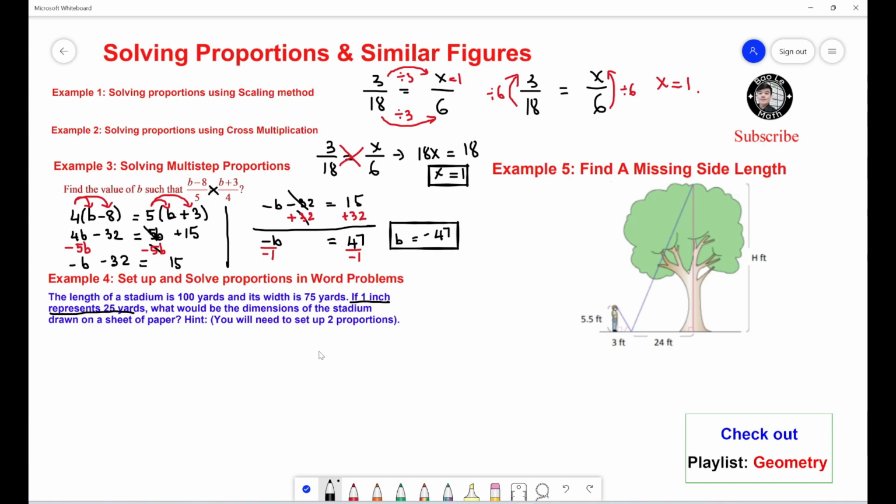Basically you need to set up two proportions. Now the left one you need to find the length. The length is going to be 100 yards. Now you have the scale right here. So you have 1 inch over 25 yards.